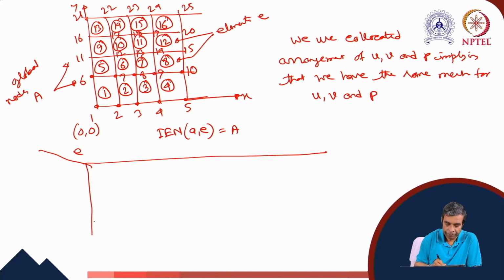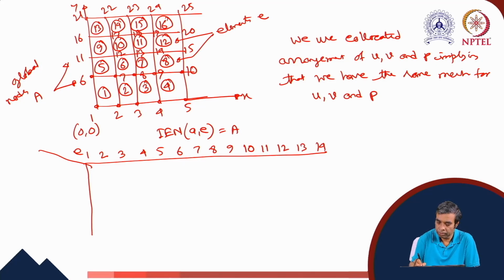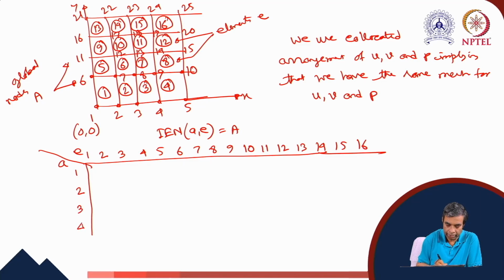So E varies from 1 to 16. Then our small a goes from 1, 2, 3 and 4.